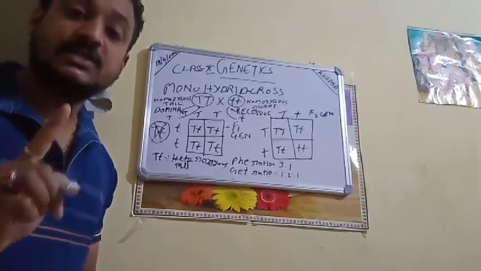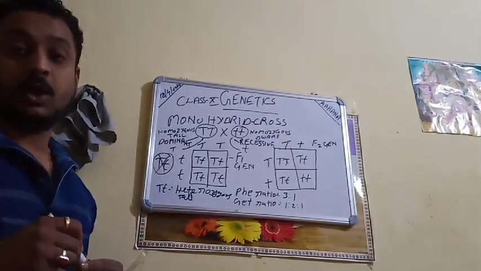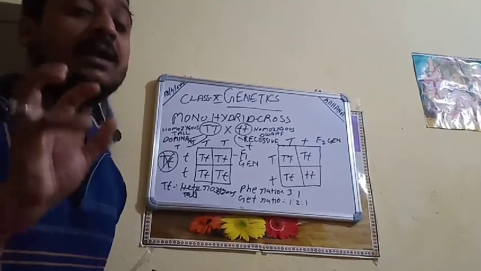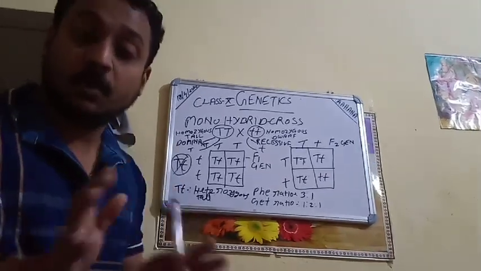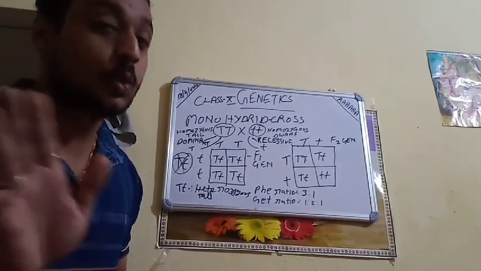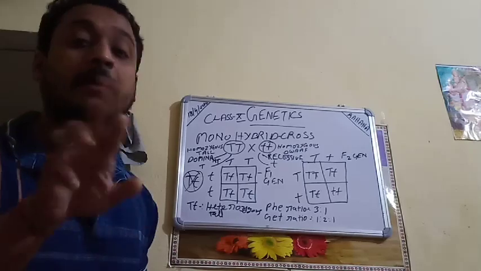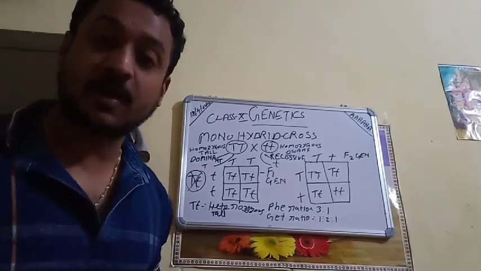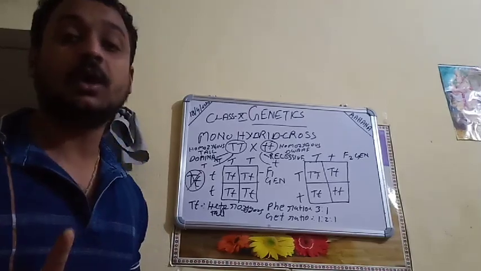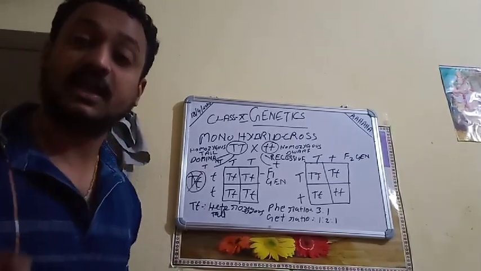So the law of segregation is also called the law of purity of gametes. It means the genes stay together, but at the time of formation of gametes, the genes separate. There is no chance of hybridization, no chance of mixing up of the genes. That is why it is called the law of purity of gametes or law of segregation.